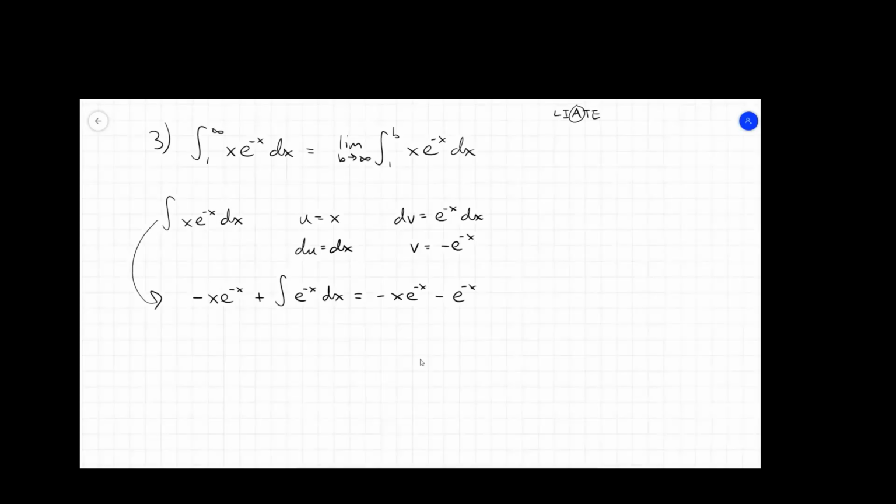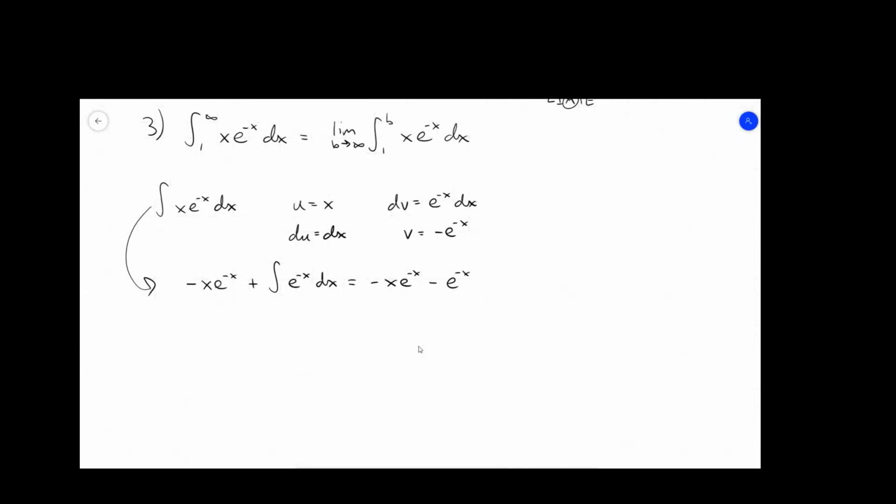Now we can go ahead and do the rest of the improper integral part of this. So the limit as b goes to infinity of the integral from 1 to b of all of this must be equal to the limit as b goes to infinity of this antiderivative that we just found. In fact, let's just go ahead and factor that negative out of there.